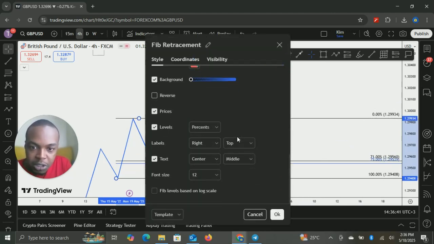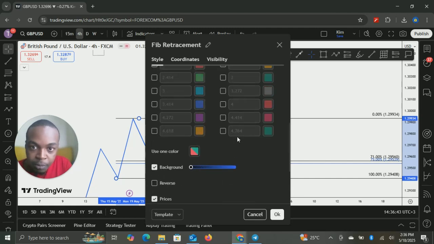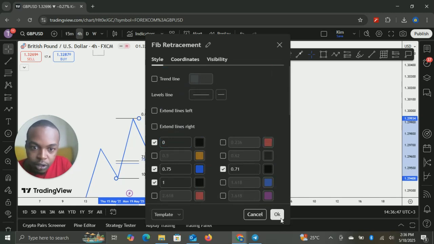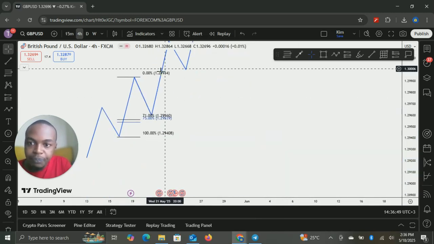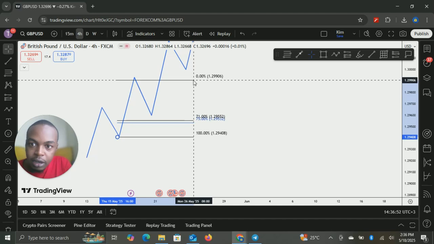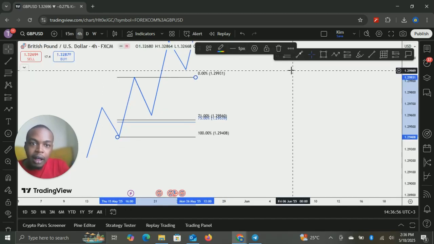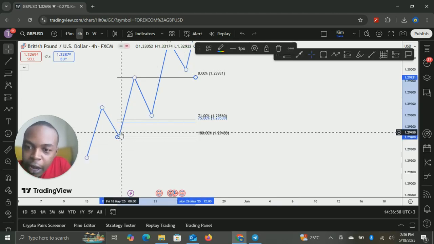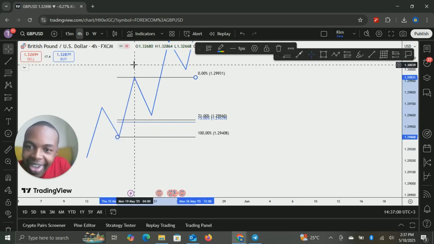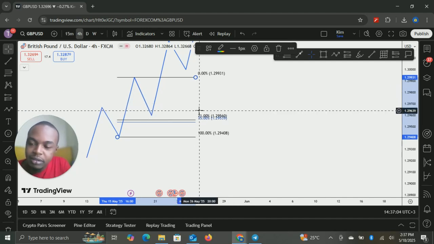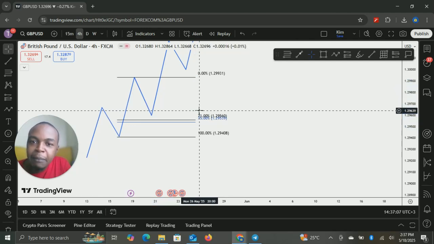I want to reduce the extension. Yes, this one. Correct. I see now, you can see it. So you just draw from the lower high to the higher high and enter at the 71%. Let me come again.